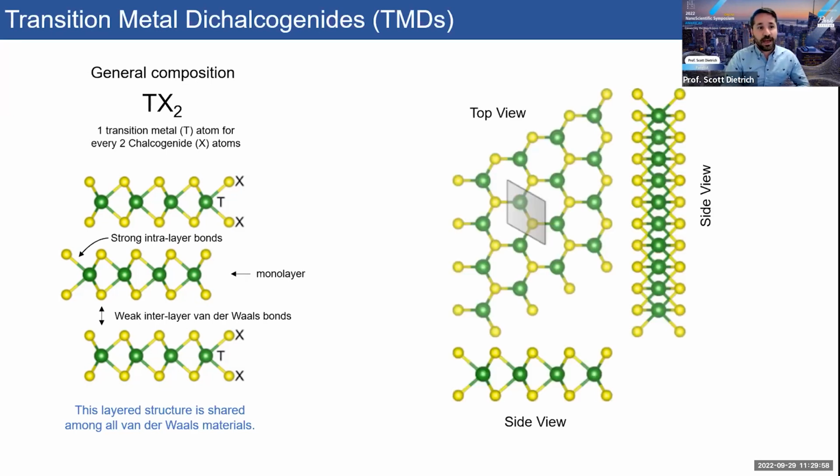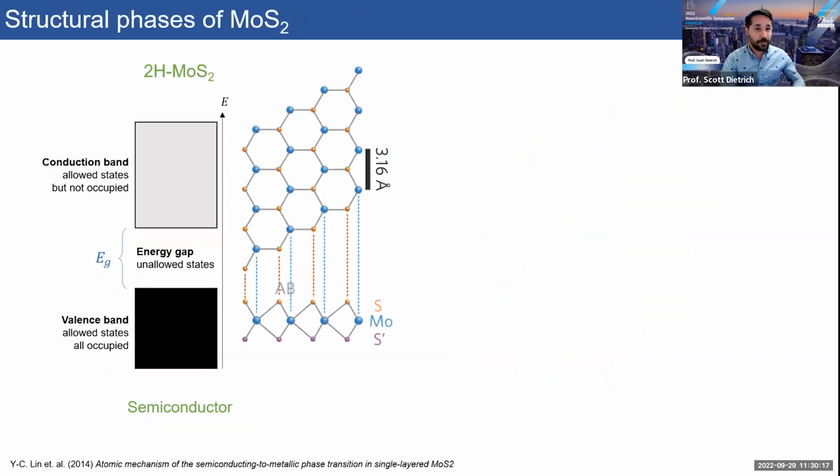Generally, in this class of materials, they have a honeycomb structure, much like graphene, where we have unit cells containing a single transition metal atom and two chalcogenide atoms. These TMDs are very often semiconductors. MoS2 is one of the more common ones.